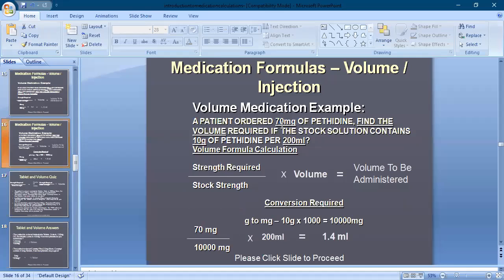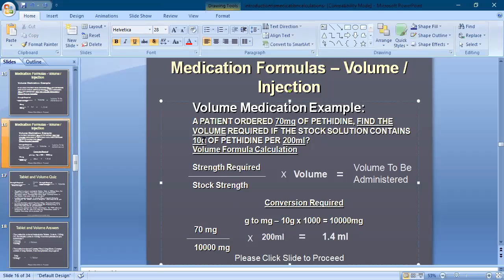A patient is ordered 70 milligram of pethidine. Find the volume required if the stock solution contains 10 gram of pethidine in 200 ml. Means 70 milligram order, right? And here the volume is 200 ml, and 200 ml contains 10 gram.